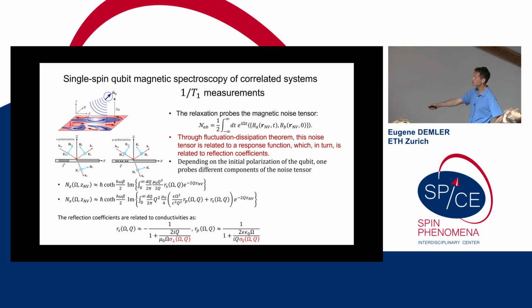Like in this case, this would be the X direction, but the electric field is along Y. So this geometry corresponds to electric field which is perpendicular to spatial modulation, and will therefore be determined by transverse conductivity. Whereas in the other geometry, P polarization, the electric field will have a component parallel to the in-plane wave vector, and therefore it will measure longitudinal conductivity.